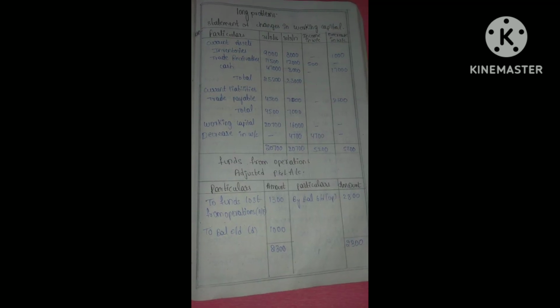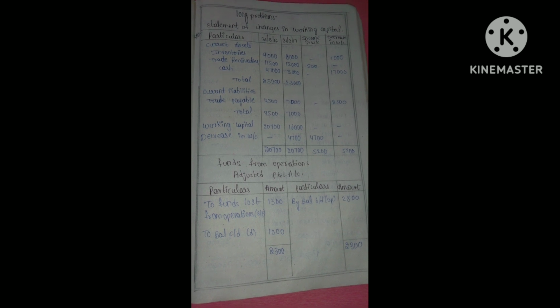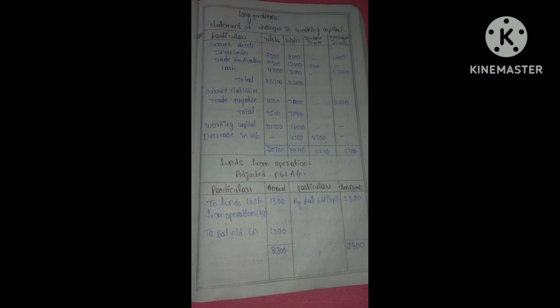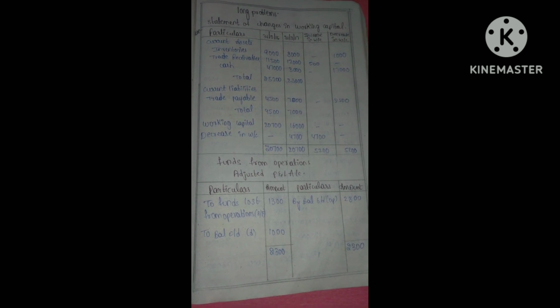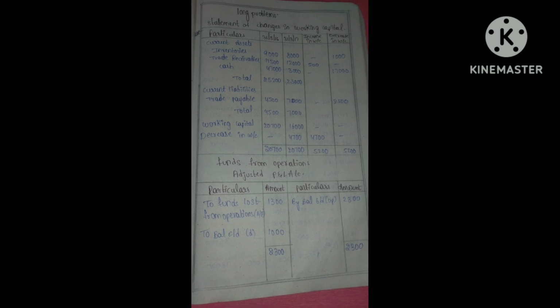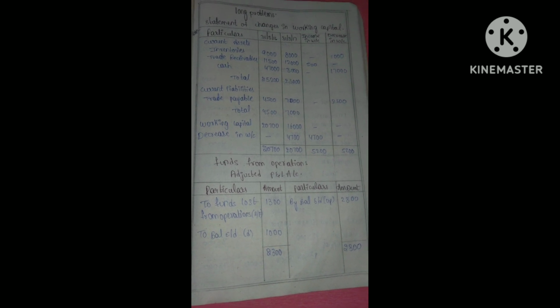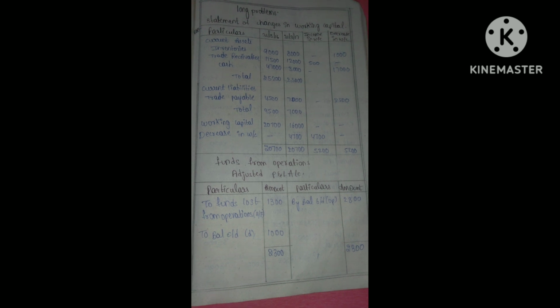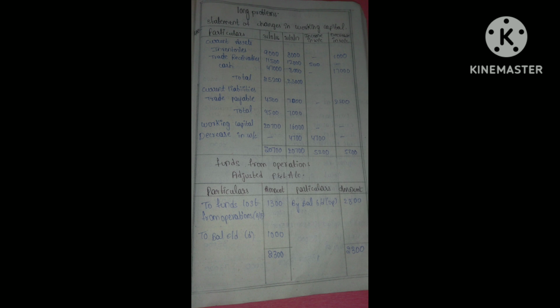Next we will calculate the adjusted P&L account. First draw the pro forma and keep the heading as adjusted P&L account. Now take the opening balance of reserves and surplus of the year 2016 on the credit side of the P&L account, by balance brought down, that is opening balance 2,300. And on the debit side of the P&L account, take the closing balance of reserves and surplus of the year 2017, that is 1,000.